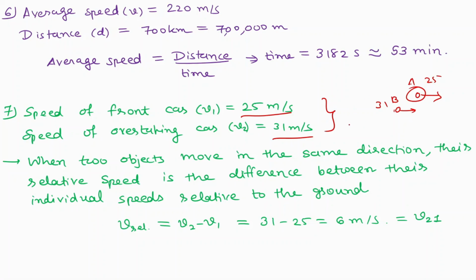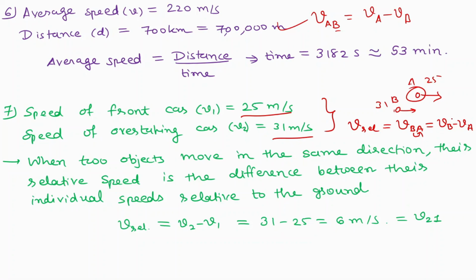So what does it mean? We have to find the speed of B relative to A, which you can write as V_BA, the velocity of car B relative to A. If you write V_AB, it means the speed of car A relative to car B. In this case, the formula is V_B minus V_A.